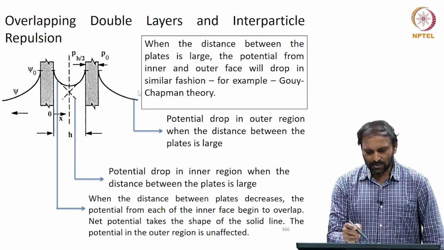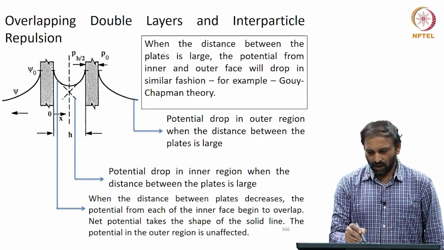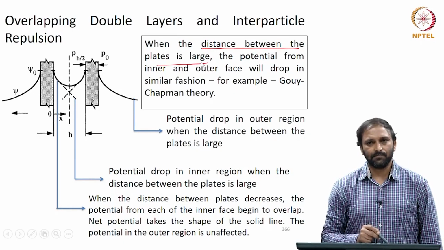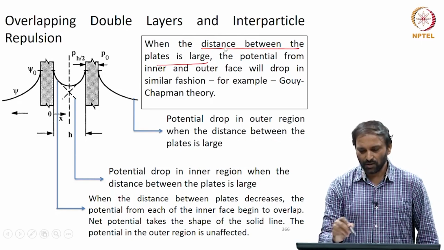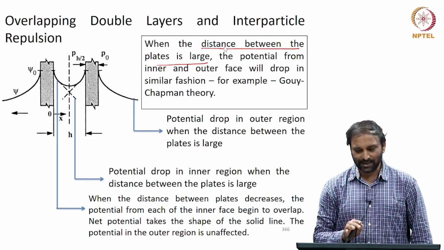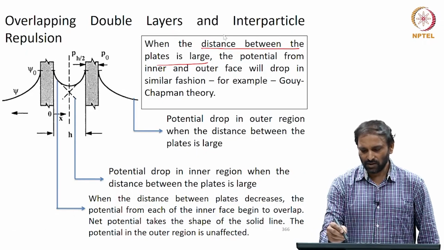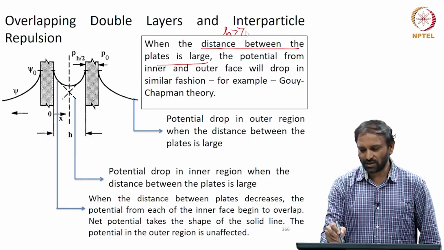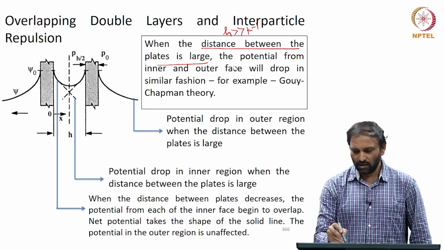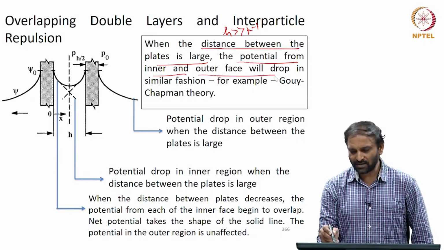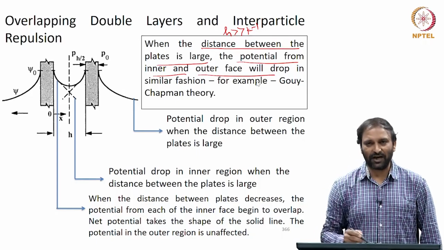I have already made this point, but I would like to go through it again. When the distance between the plates is large, we always talk about distances in terms of some characteristic length scales. In this case the distance h is larger than kappa inverse. The potential from the inner and the outer face will drop in a similar fashion.